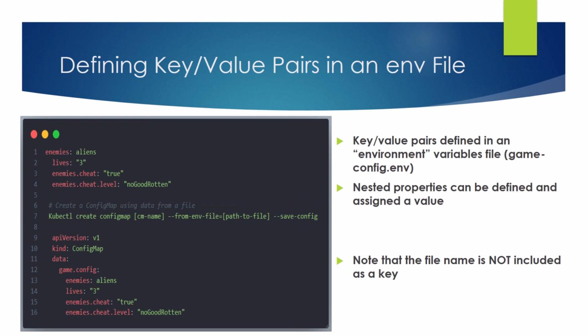It will look a lot more like the manifest that we looked at at the start of this section. Notice we have a data property, and then we just have the key value pairs there. There is no file name as the key, and then the value is the entire file. Now there are different reasons why you might use one or the other, and that's going to be a little more evident as we move along.